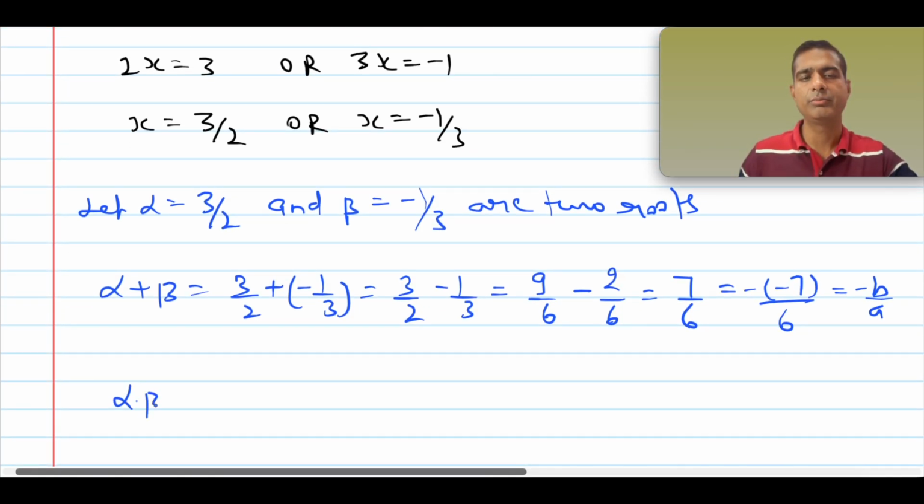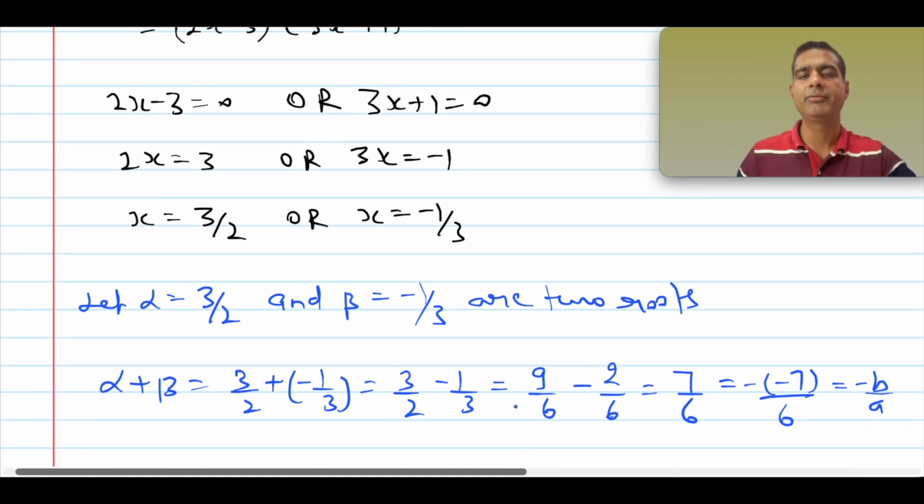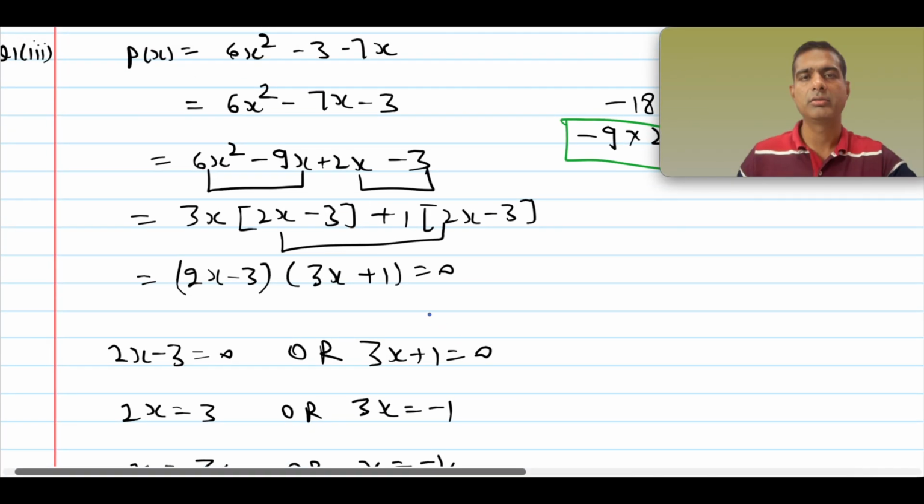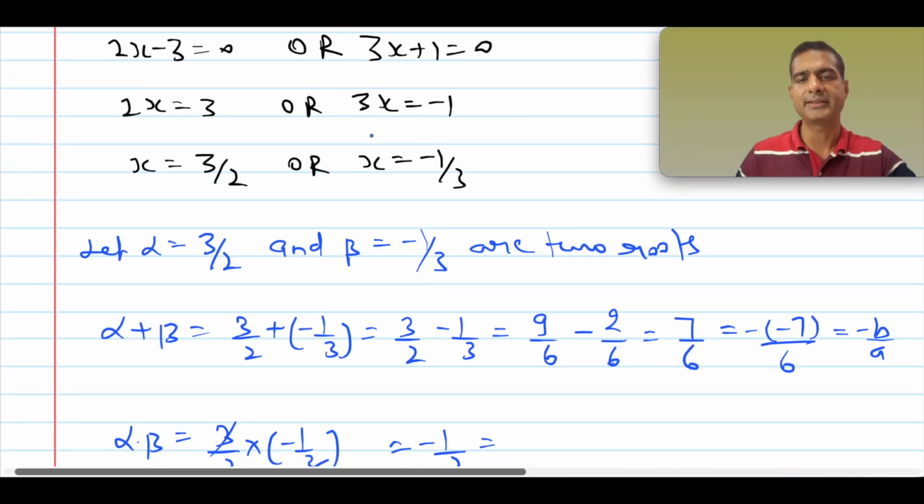Similarly, alpha into beta is equal to 3 by 2 into minus 1 by 3. We can cancel 3, so I will get minus 1 by 2, and if we compare it with our quadratic equation, it can be written as negative 3 by 6.